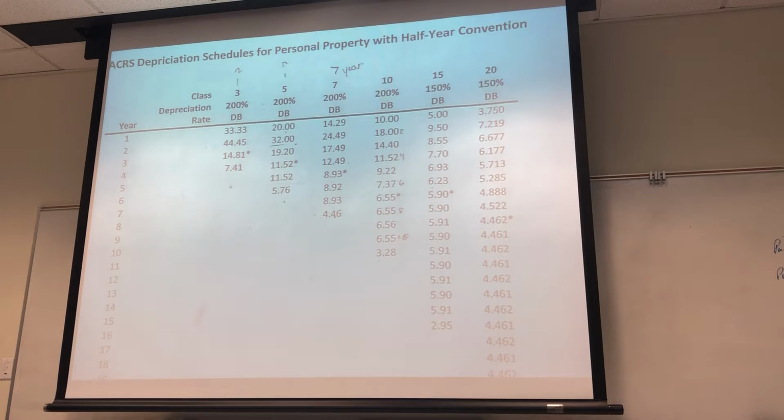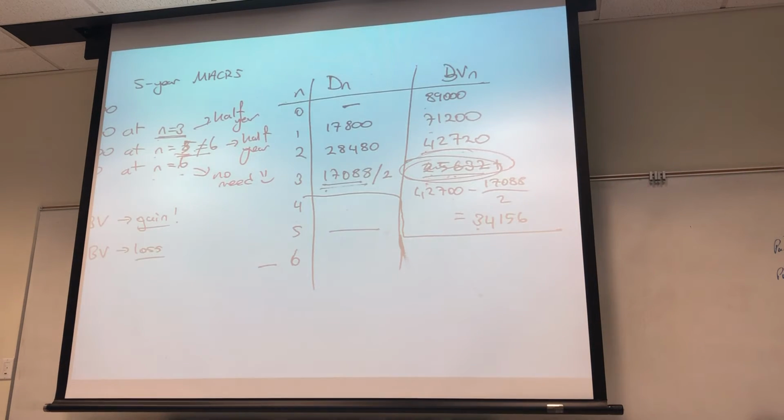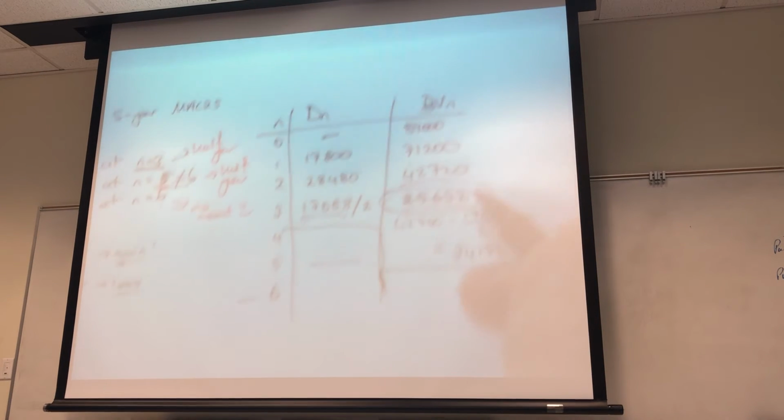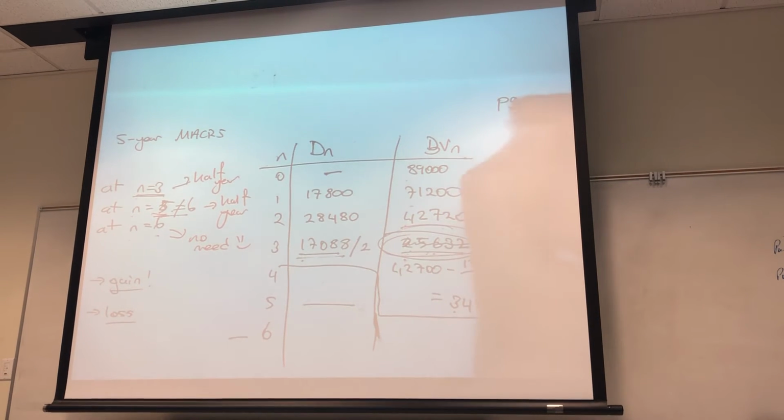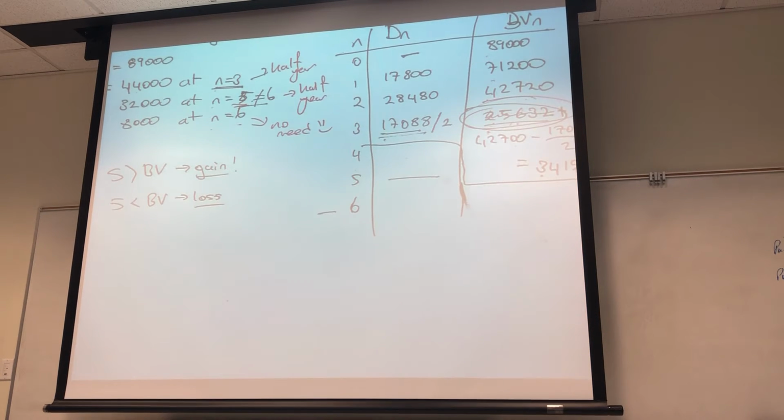Another question that I think is important is the half-month convention, because this is kind of confusing too. Let me find. This is question number 927.